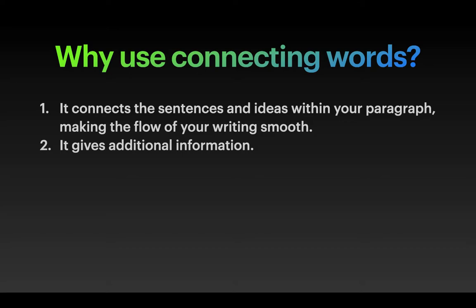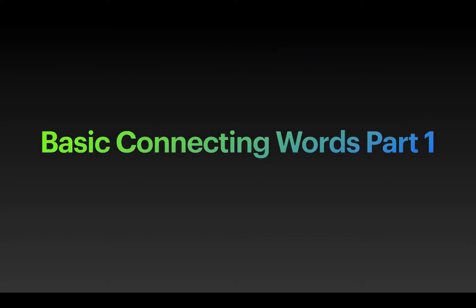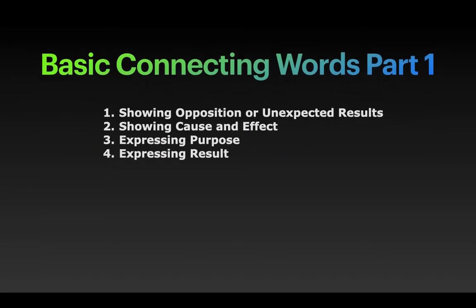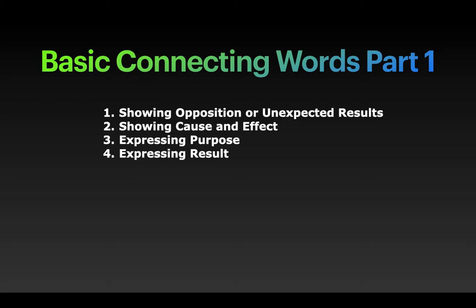Okay, now that we know why we should use connecting words, let's move on to the specific connecting words that we will be learning in this lesson. So, basic connecting words, part 1. There are 4 categories: showing opposition or unexpected results, showing cause and effect, expressing purpose, and expressing result.